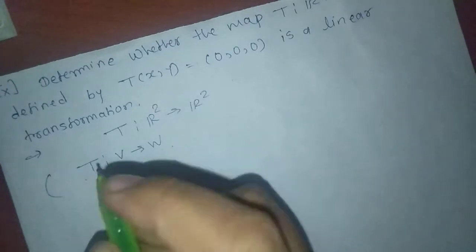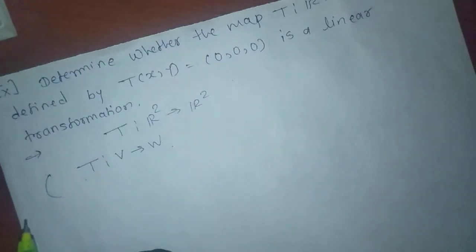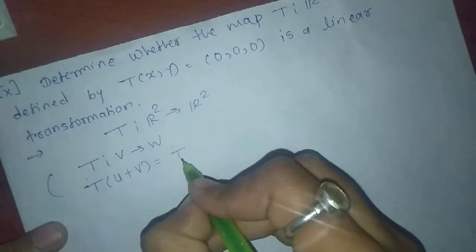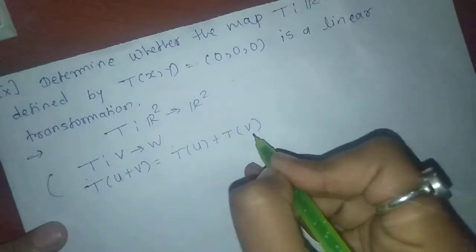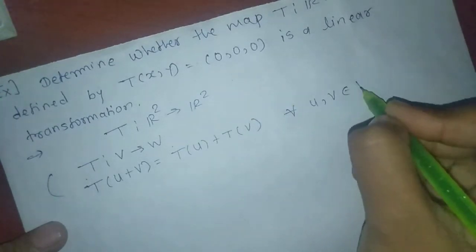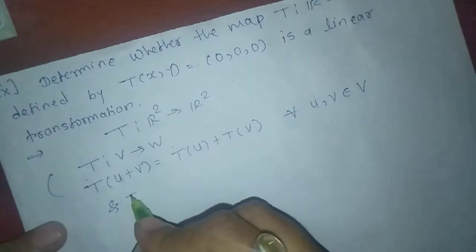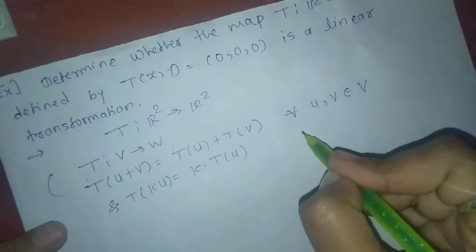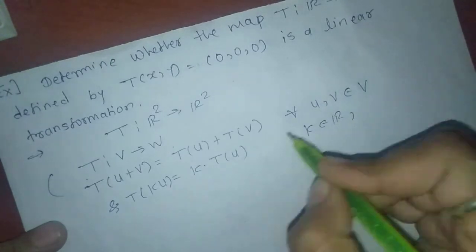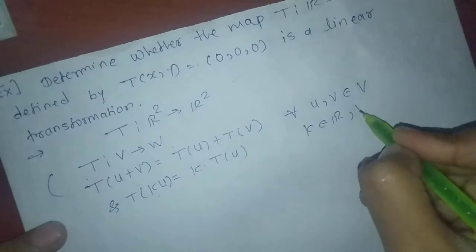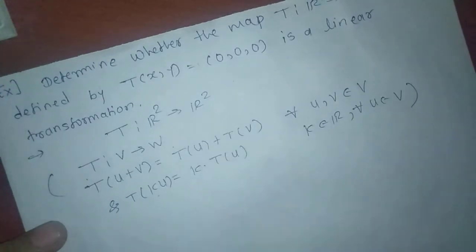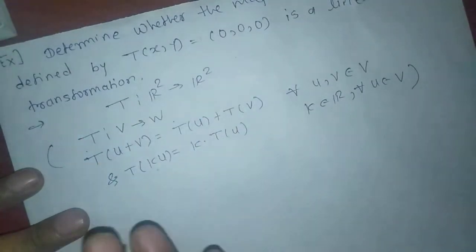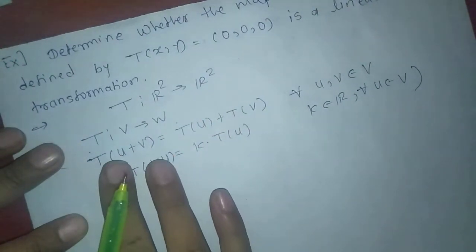First, the additive property: T of U plus V equal to T of U plus T of V for all U, V belongs to capital V. Second, the scalar multiple property: T of K into U equal to K into T of U, where K is scalar, for all U belongs to capital V. Then we can say that T is a linear transformation if these two properties are satisfied.